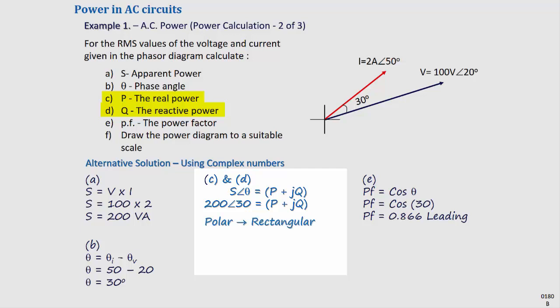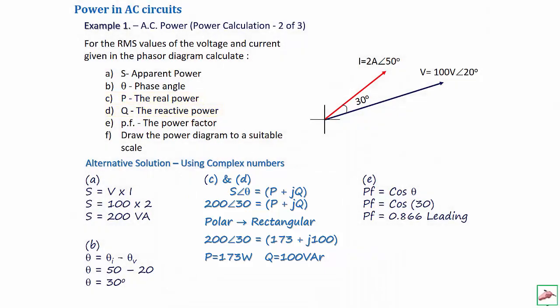Using a calculator to do a polar to rectangular conversion, 200 angle 30 equals 173 plus j100. So for part C, the real power P equals 173 watts, and for part D, the reactive power Q equals 100 volt amperes reactive.